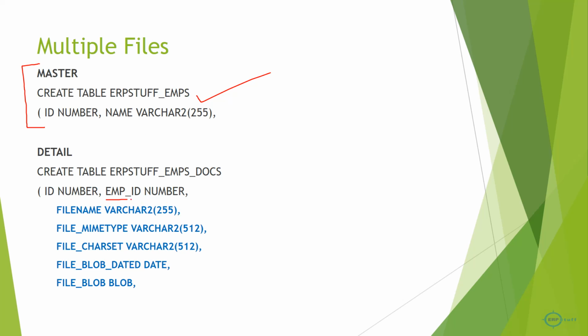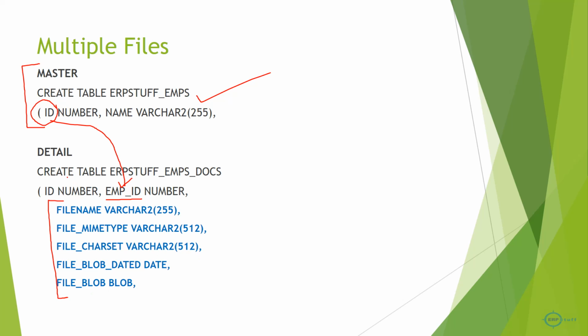If you see here, this employee ID will be here, right? So when you fetch this, you will have a where condition for this employee ID. So whatever, let's say 5 files uploaded under one employee, it will show, right? And the same columns are here as well, which I showed you in the single file upload.